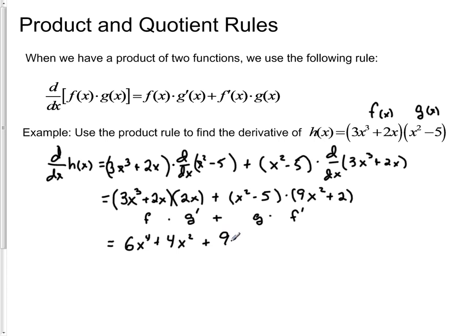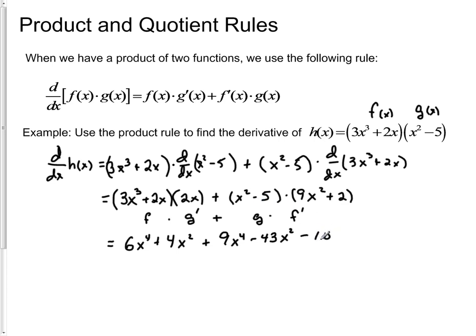That becomes 9x to the fourth. We're going to have x squared times 2 minus 45x squared. So 2x squared minus 45x squared is going to be minus 43x squared. Minus 5 times positive 2 is minus 10.